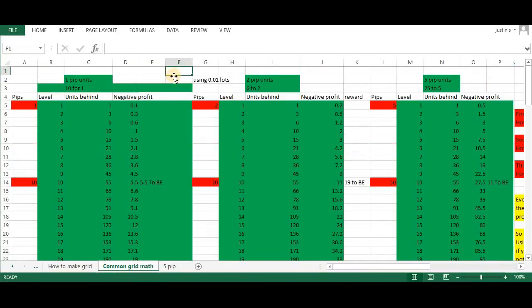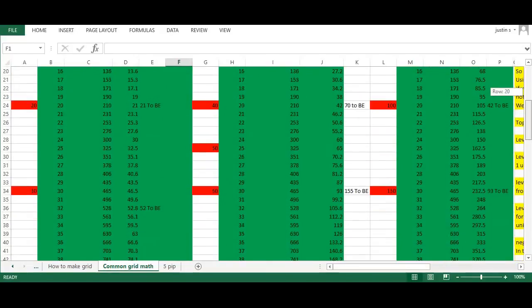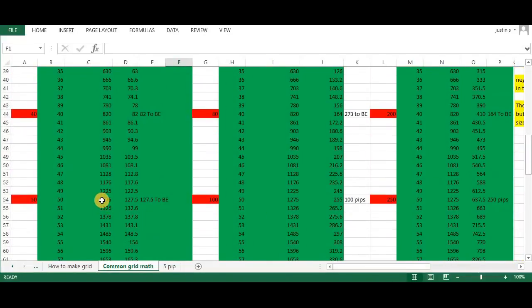So here is the math that displays the diminishing returns for 3 different unit sizes. For 1 pip units, that's entry orders every single pip. To trade a 50 pip grid, you would need $127.50.